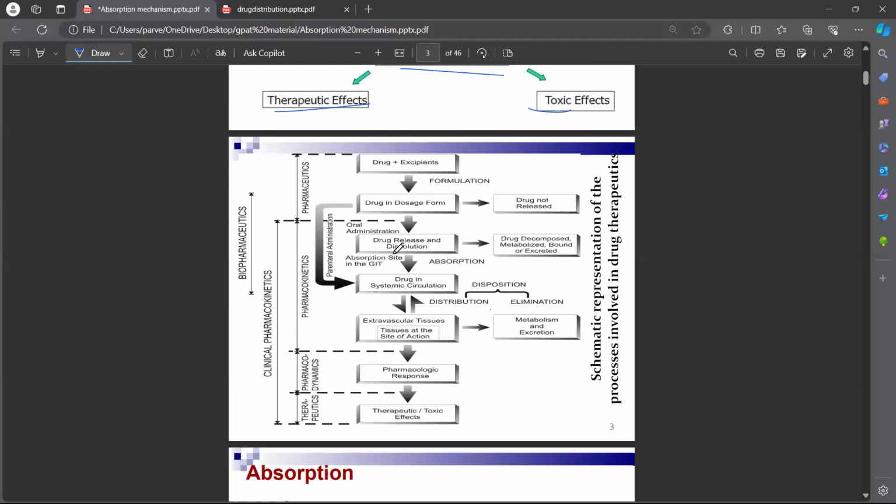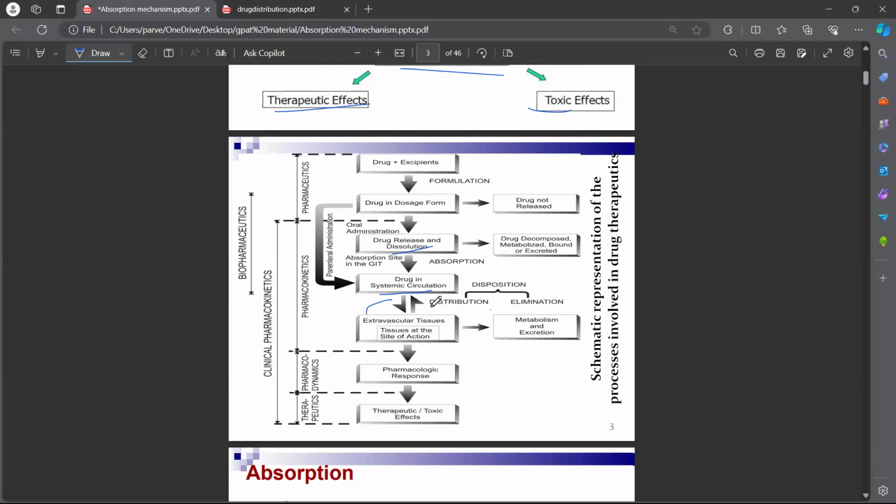As I mentioned, there is drug release and drug dissolution. Then the drug enters the systemic circulation. Then, to enter the tissue, it gets distributed to the desired tissue and also the non-desired tissue. Whenever the drug interacts with a non-desired receptor, it leads to toxic effects or other adverse effects.